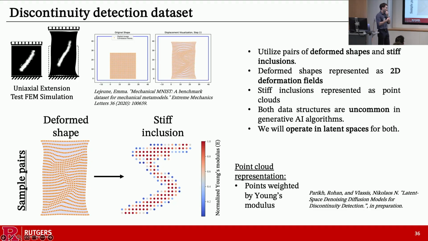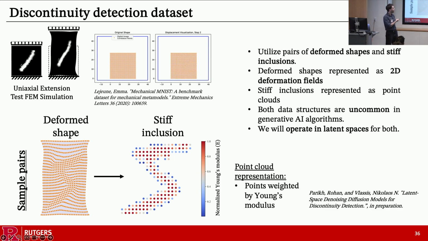Because the aspiration here is eventually to work with non-regular shaped domains, not always working with squares. So eventually we will look at funny domains and try to predict with a point cloud what's happening inside.